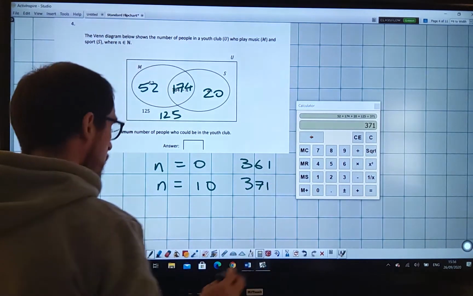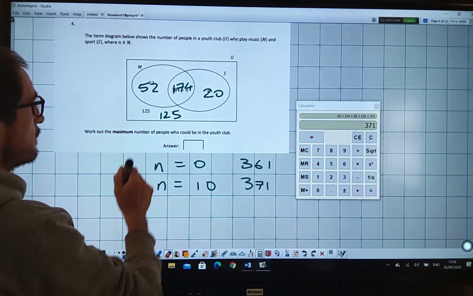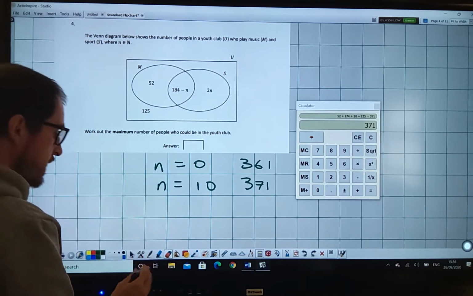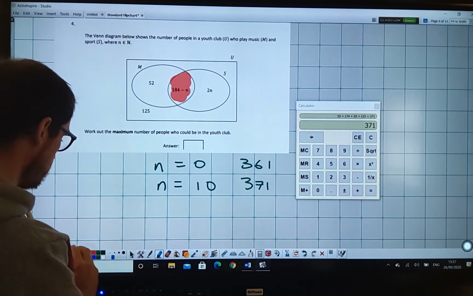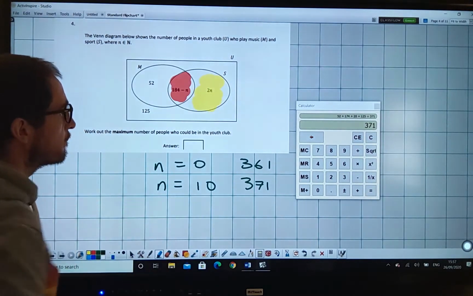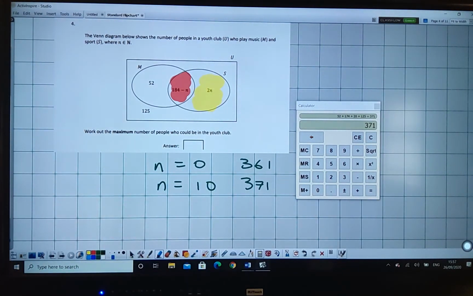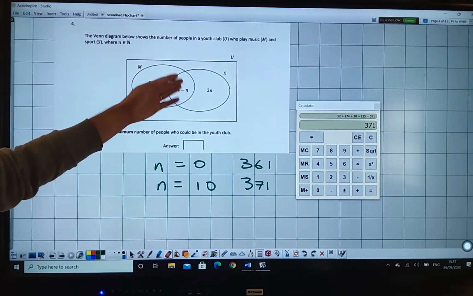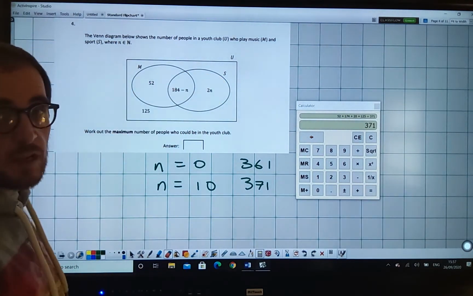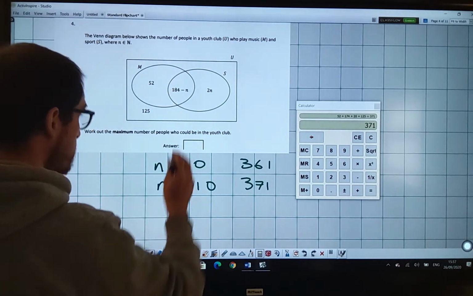What you'll start to notice is this: as n gets bigger, this area here gets smaller, but this area here gets bigger, until that gets to 0, so until n is at its maximum. So when n is at 184, that will be equal to 0.